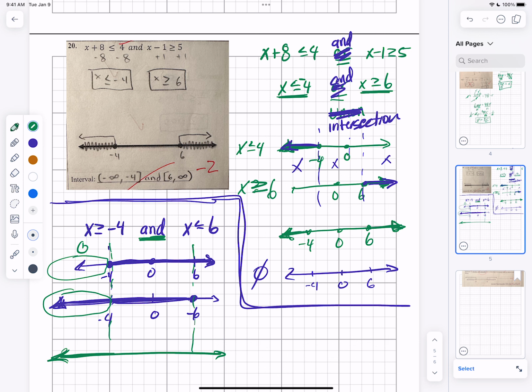So again, I need both of them. So that's not over here, less than -4, no go. How about in between? Well, in between, this is true and solid, and this is true. So I can definitely take what's in between.